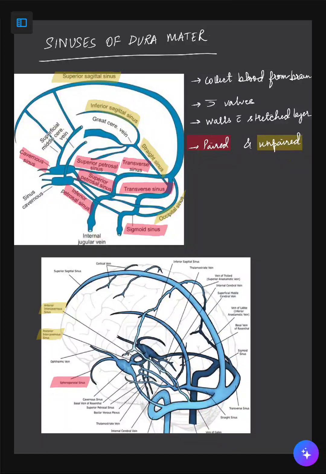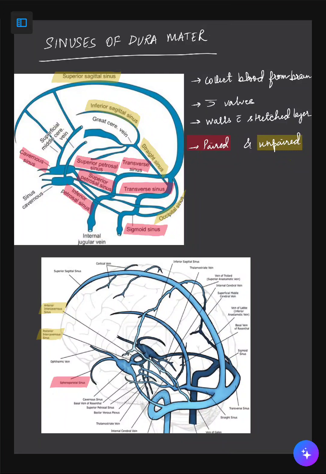Now, next are the sinuses of dura mater. It is a very good topic because you need to understand, you need to remember, you need to imagine the things. You don't just need to mug it up. This dura mater contains several reservoirs which collect blood from the brain. These are known as sinuses of dura mater.